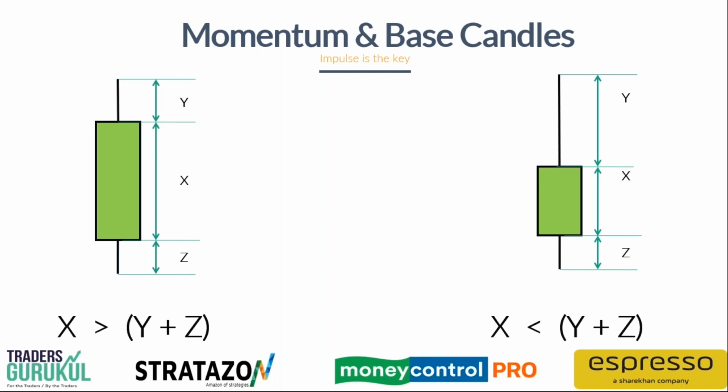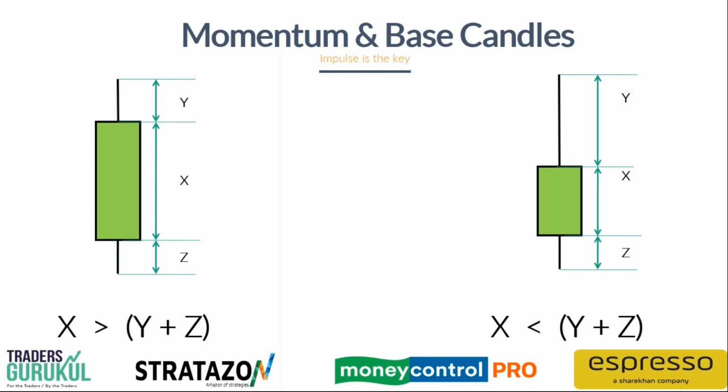There are so many kinds of candlesticks, but ideally I focus on only 2 types. Either it is a candle with a very big body, or it is a candle with a very small body. That's all I have. The one with a big body is called a momentum candle. The one with a small body is called a base candle in my language.